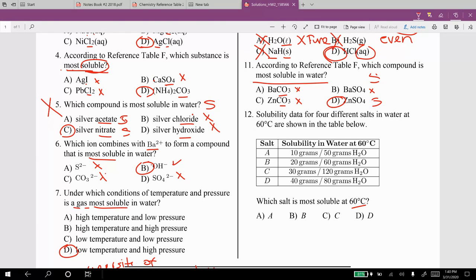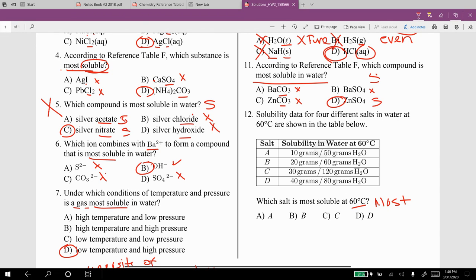So if I have 10 out of 50, 20 out of 60, 30 out of 120, that's all pretty confusing, right? Whichever one is going to be the most soluble is whichever one has the most dissolved. But I have different amounts of grams of substance and different amounts of grams of water. So I'm going to do a little bit of math.